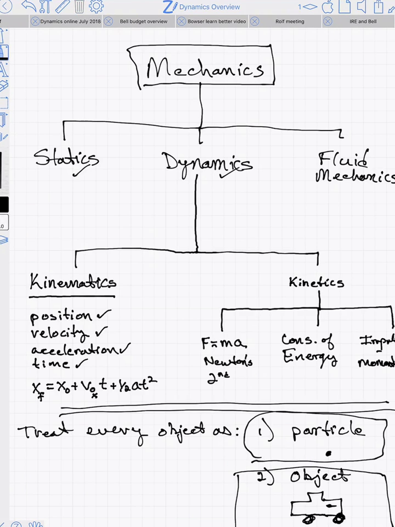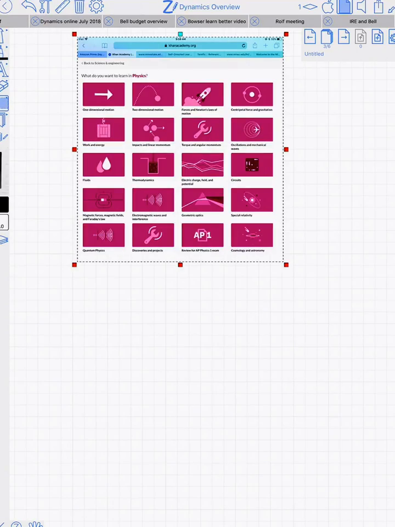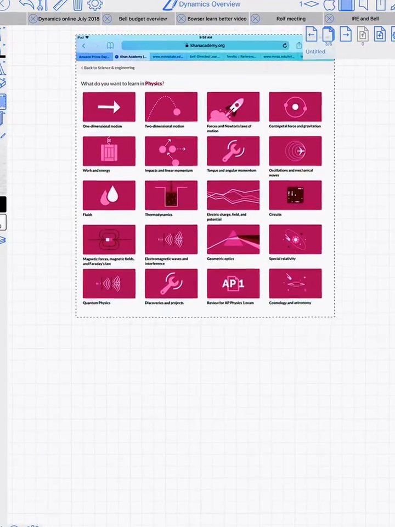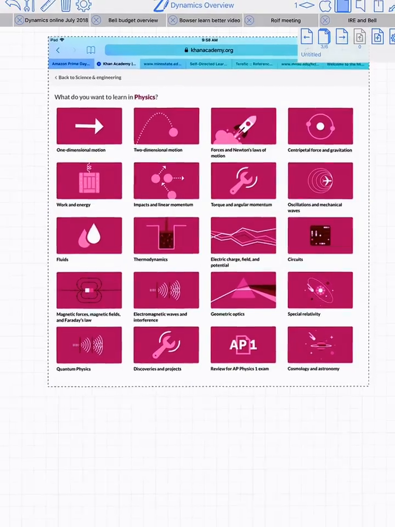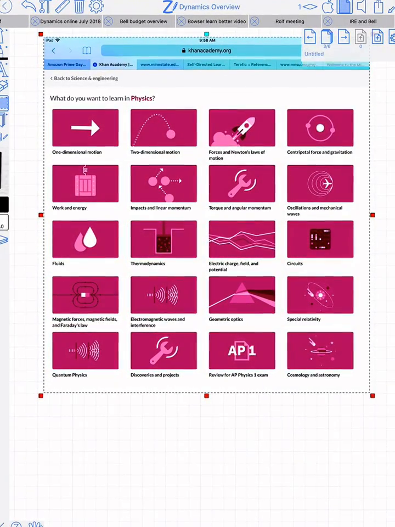All right, real quickly, Khan Academy is a great resource for the physics that we've learned in the past. I've got a screenshot here from the Khan Academy physics section.